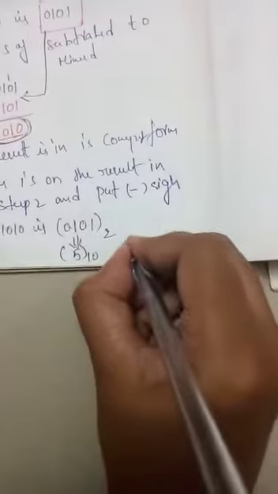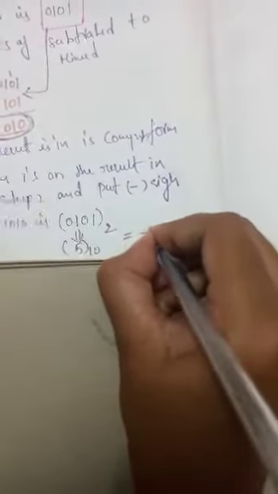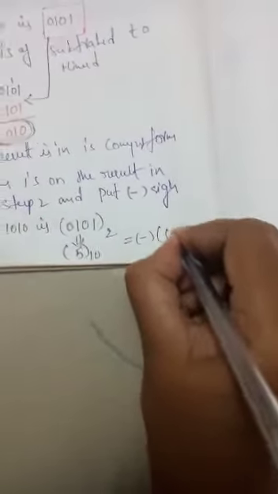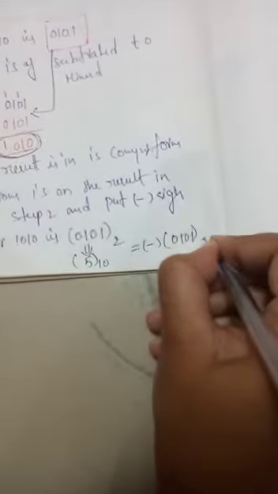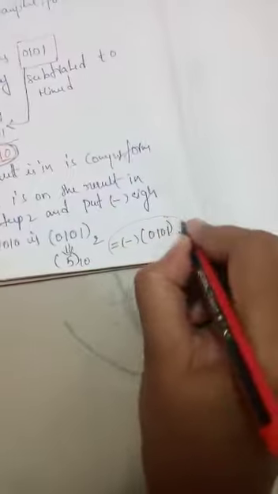And after finding the 1's complement, simply put a minus sign before that one, 0101 base 2. So this is the final result we got.